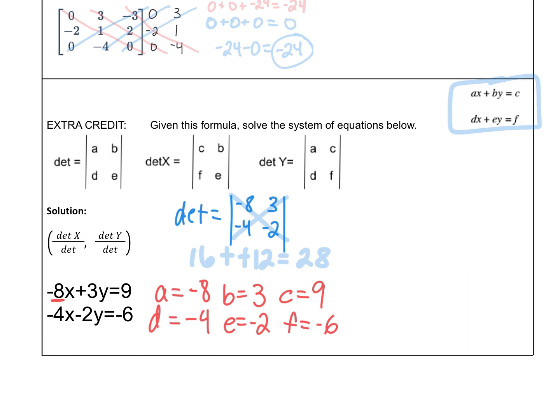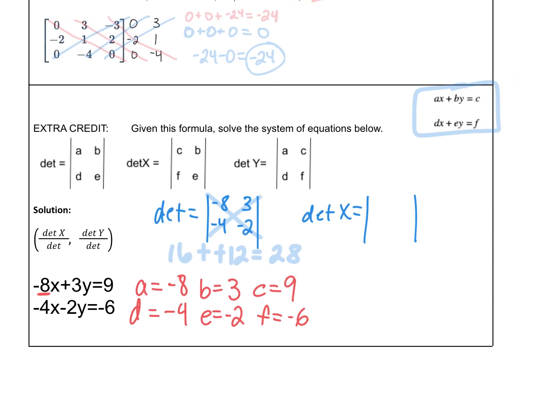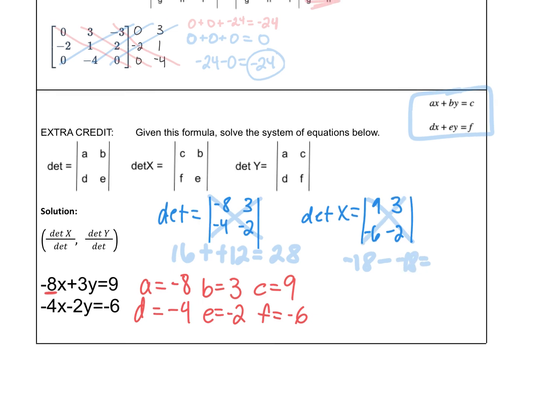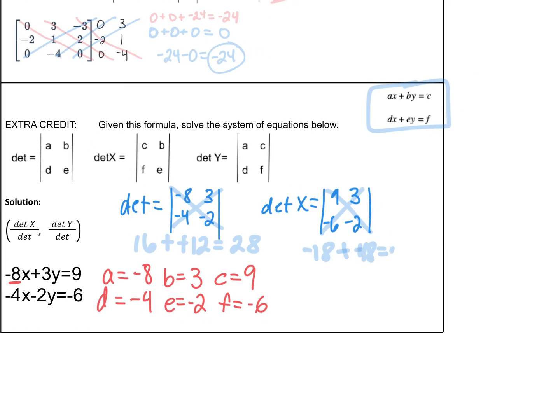Okay, now we're gonna set up DETX. We're gonna do the same thing. We should already have it done. We plug in C, B, F, E, so 9, 3, -6, -2. Start in the top left-hand corner, 9 times -2, minus, which is going to be 0. And last but not least, DETY.